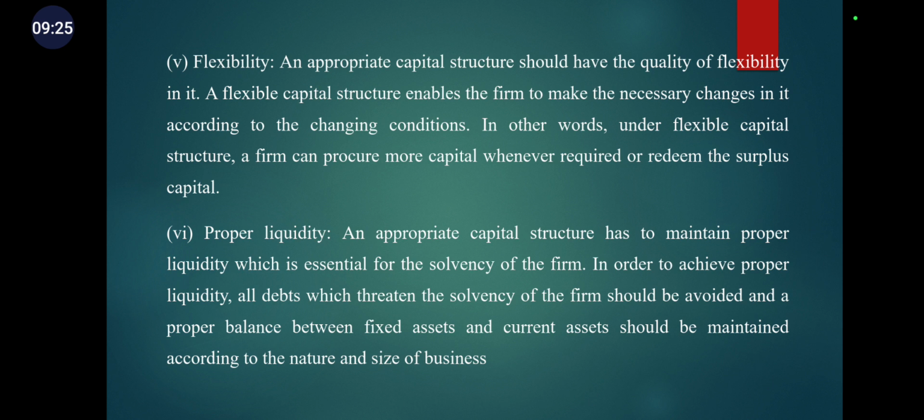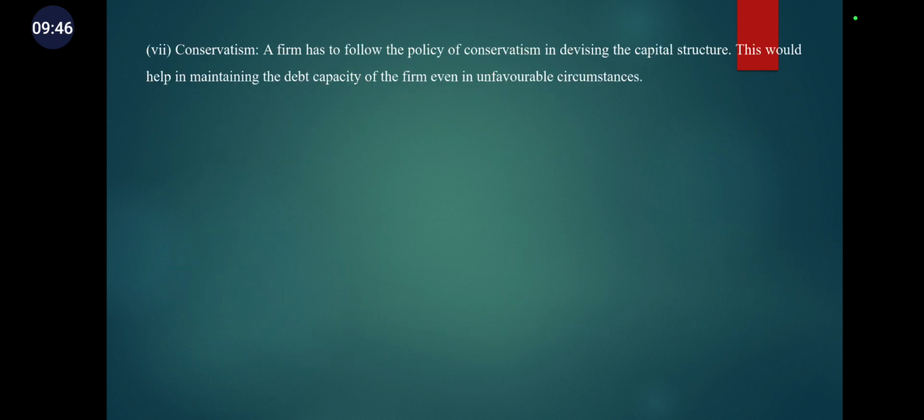Not only the debt, you have to pay the interest every month or every year. So for paying the interest on debt, you need cash flows. So the liquidity should be proper. This optimum capital structure will always ensure proper liquidity.